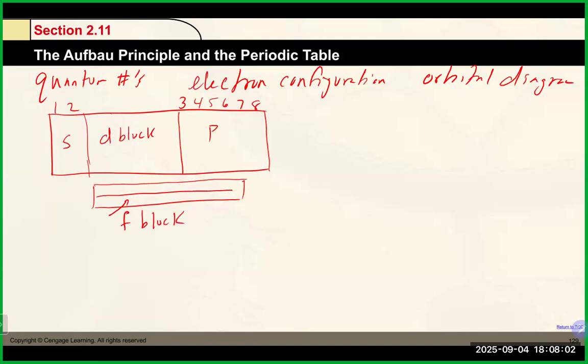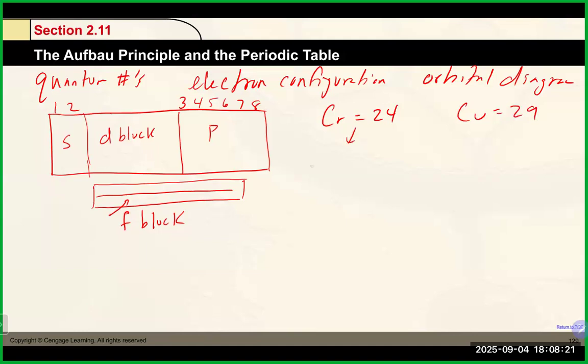Now, when we're talking about transition metals, there are actually a lot of exceptions to the electron configuration that you would get if you followed our order. The 2 that you are responsible for are chromium, which is 24, and copper, which is 29.